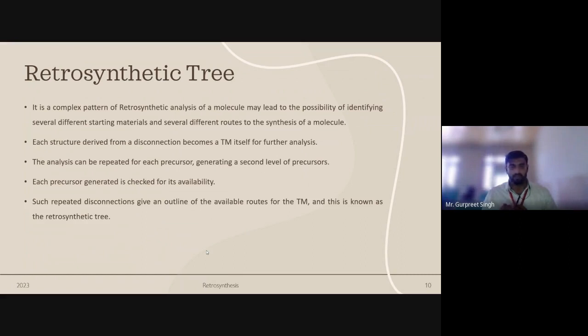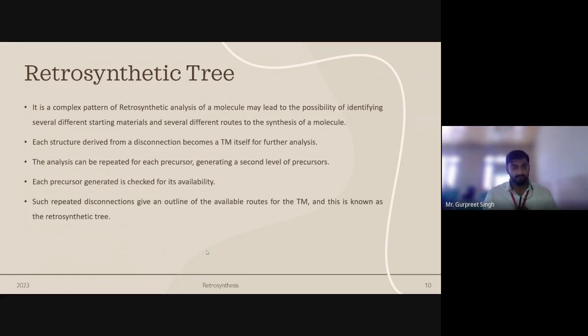Retrosynthesis gives you different possibilities to synthesize one molecule in different pathways by applying different starting materials or different routes. Like we generally observe in research papers, one person has synthesized one molecule by one pathway, and another is using a second pathway. So there are a number of pathways you can use.